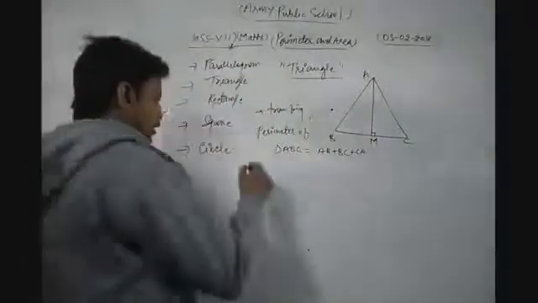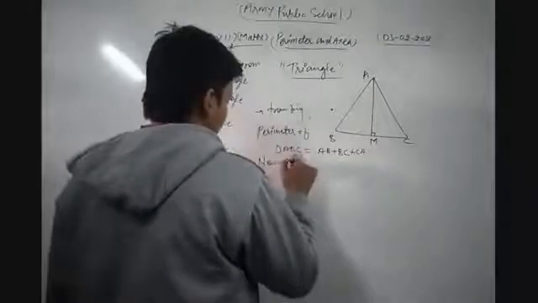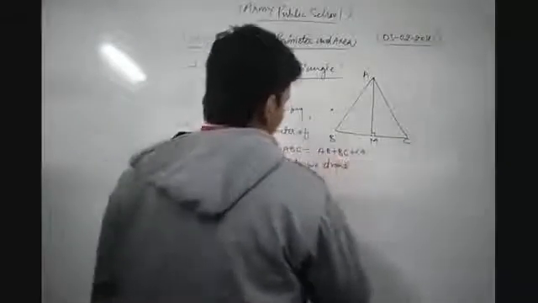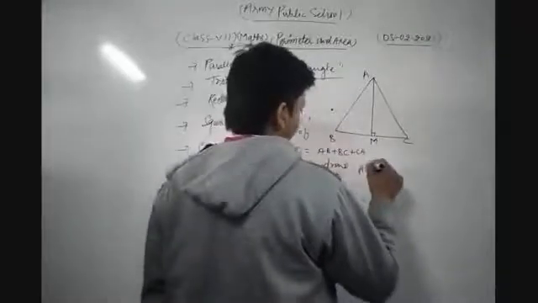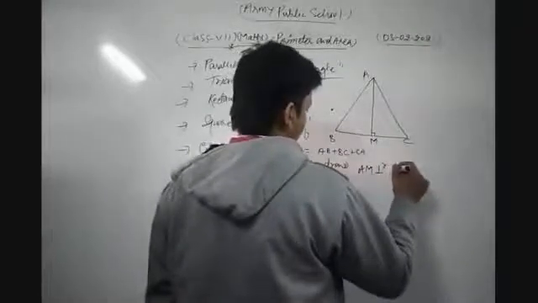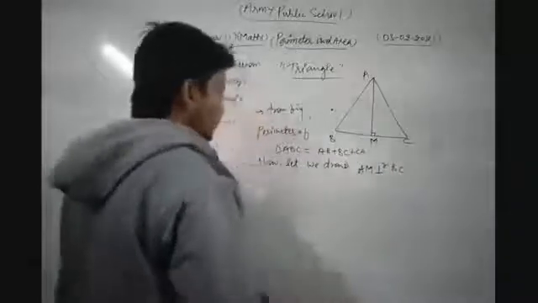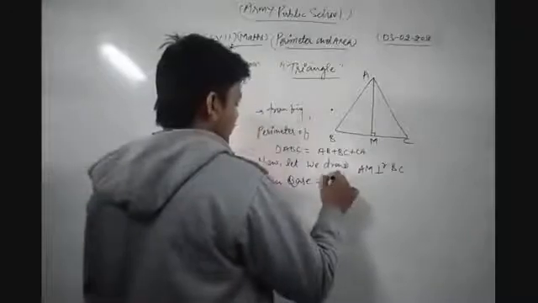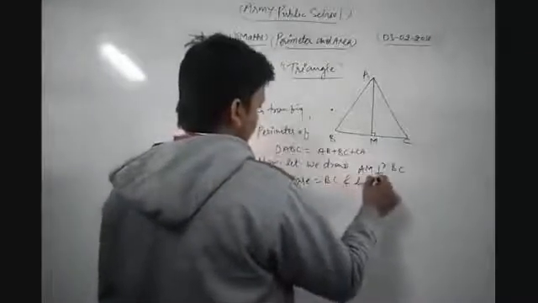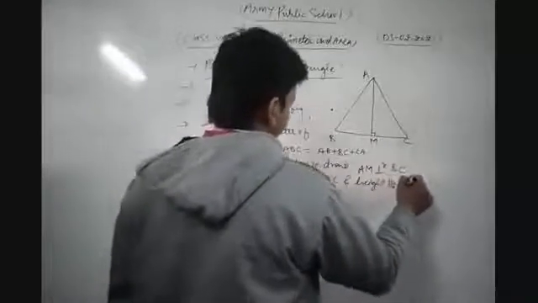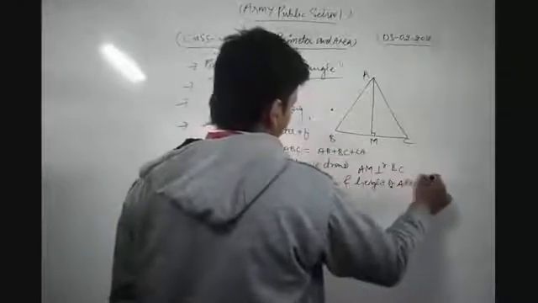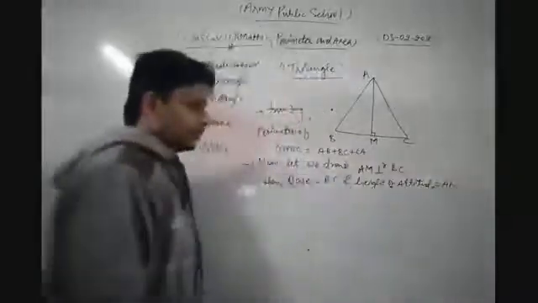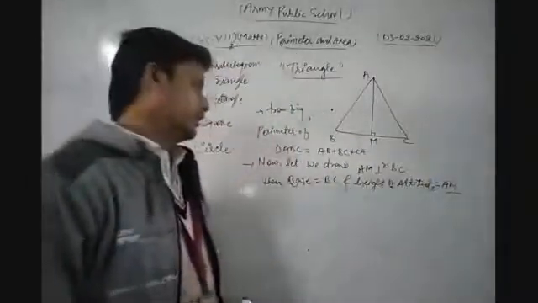Let me draw AM perpendicular to BC. Then in that figure the base is BC, and the height or altitude is AM.